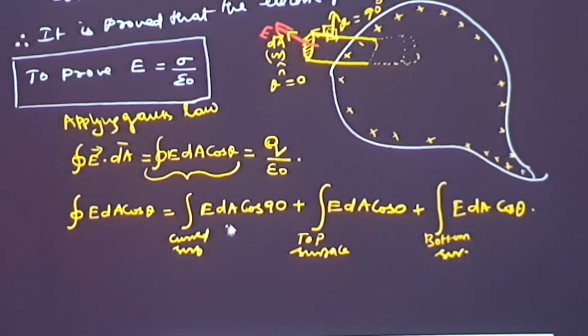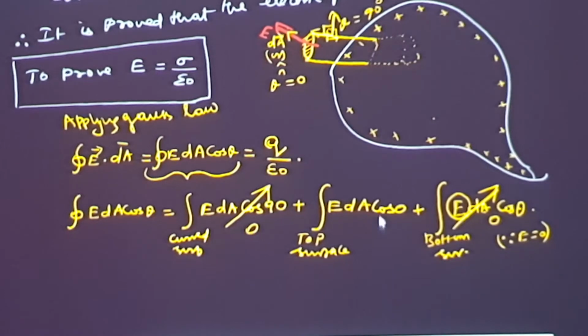Here cos 90 becomes 0, so that whole term becomes 0. In this case, the electrical field E inside the conductor is 0, so that whole term also becomes 0 since E equals 0. So the only term available is E dA cos 0.